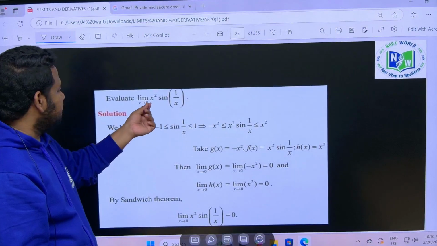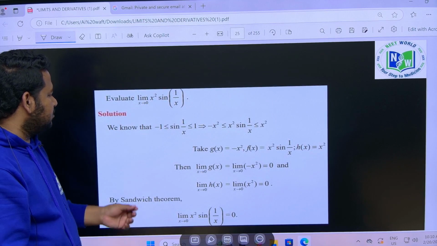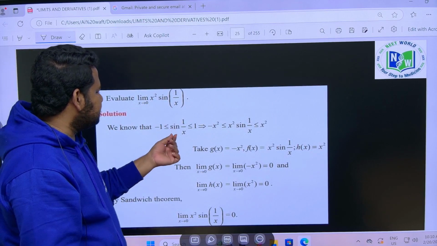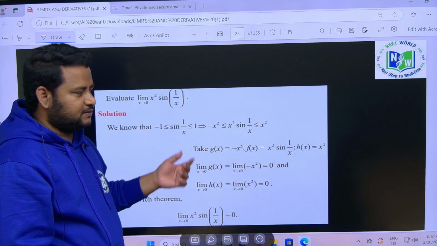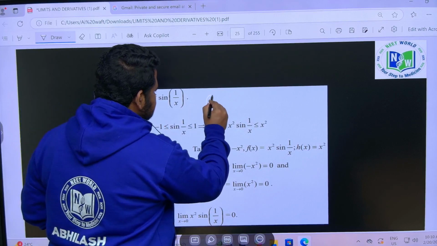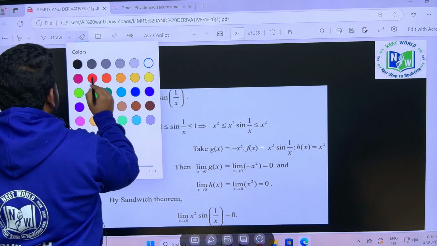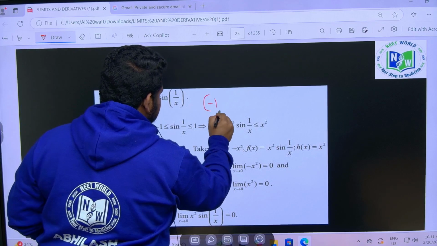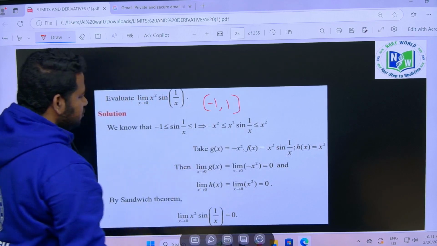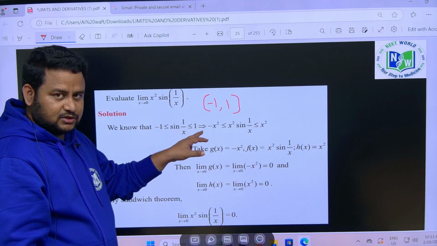Suppose we are given limit x square sin of 1 by x as x tends to 0. We know that the range of sin of 1 by x is -1 to +1, right? So if I write sin, this will be greater than or equal to -1 and less than or equal to 1.